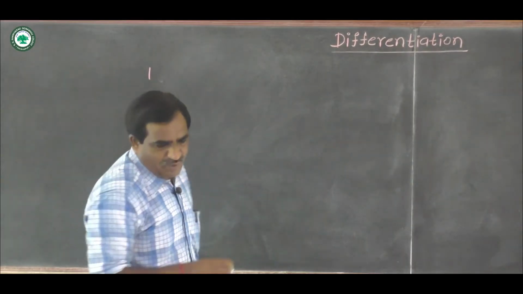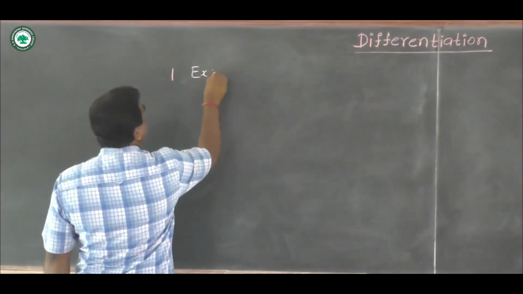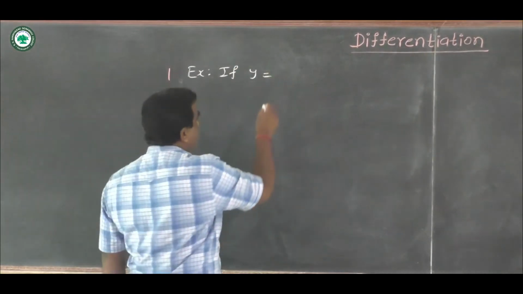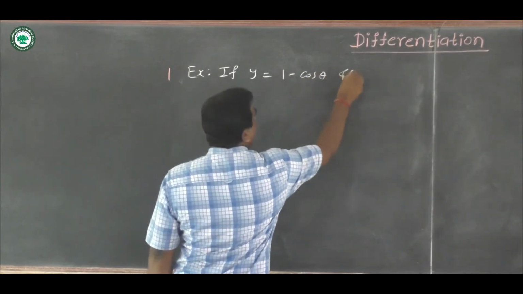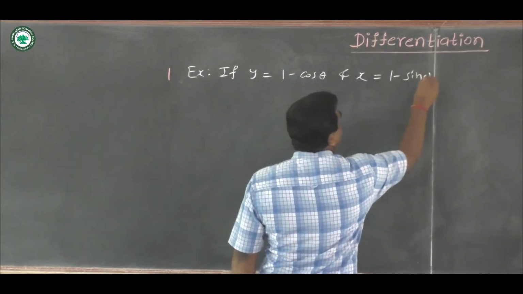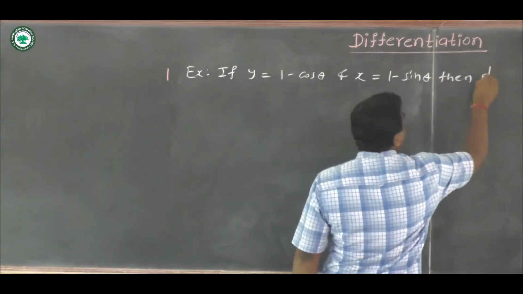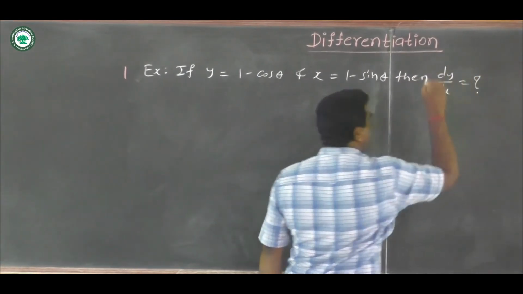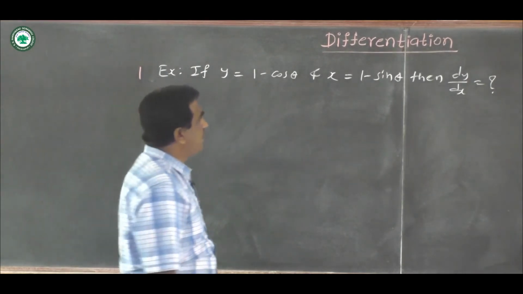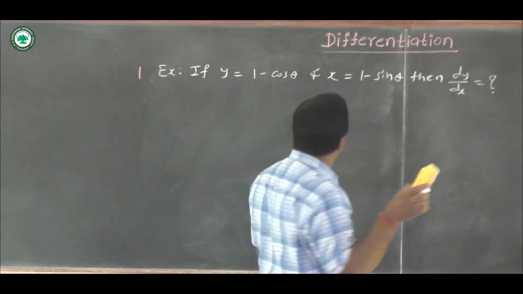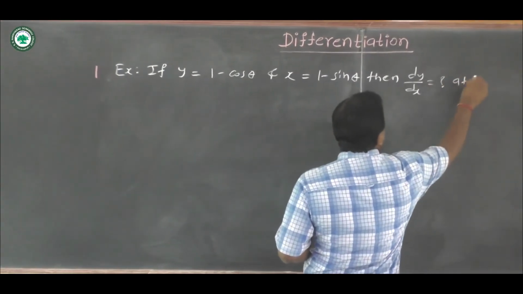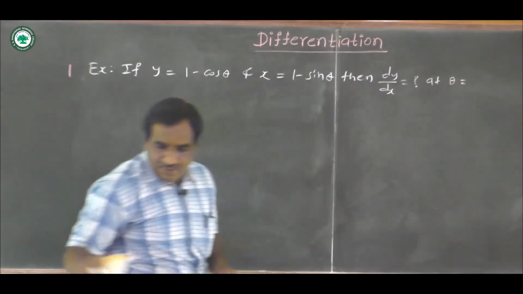The first example is: if y is equal to 1 minus cos theta and x is equal to 1 minus sin theta, then dy by dx is equal to question mark.